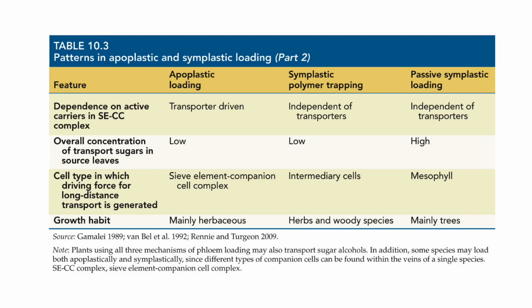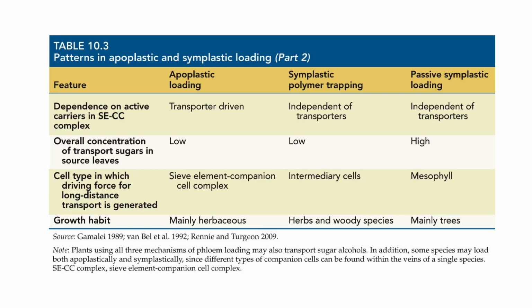In the symplastic polymer trapping, we're independent of any transporters, as well as in this passive symplastic loading mechanism. Overall, the concentrations of transport sugars in the source leaves, the ones producing the sugars, are low in both the apoplastic loading and symplastic polymer trapping. But the passive symplastic loading requires high amounts of sugar being produced in the source leaves.